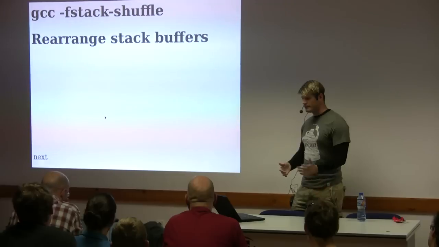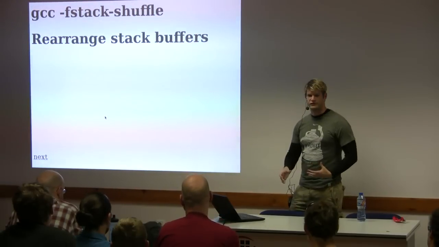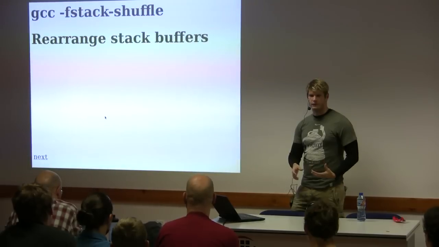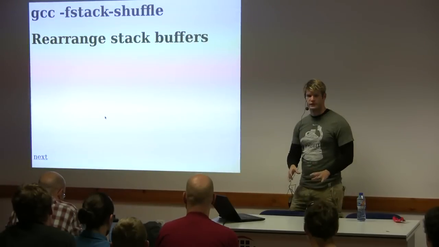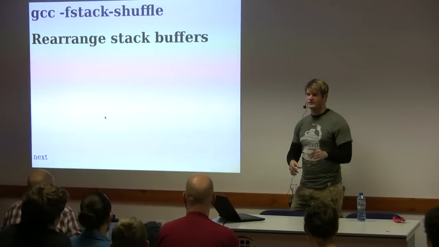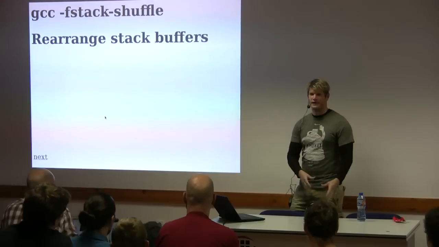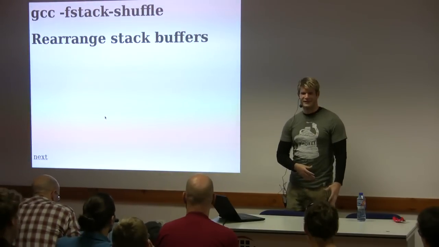So fstack-shuffle randomly sorts all the buffers on the stack every time you compile the program so that they're different. This is a compile time option. It's not runtime, so if you want to test a different sort order, you have to recompile. Unfortunately, it's kind of hard to generate random stack frames at runtime.